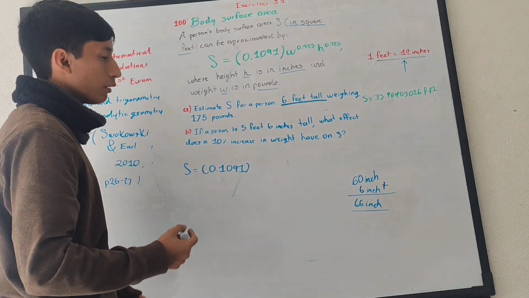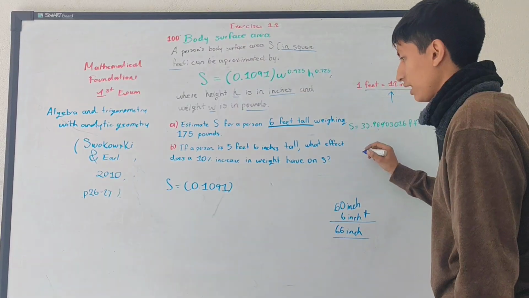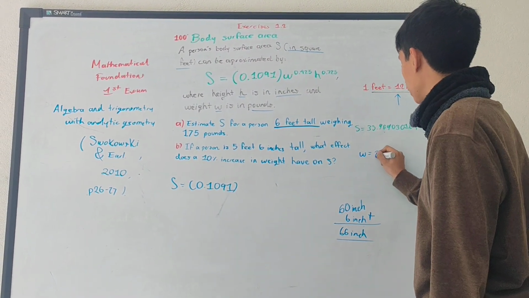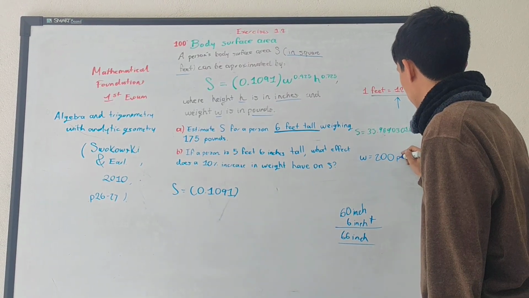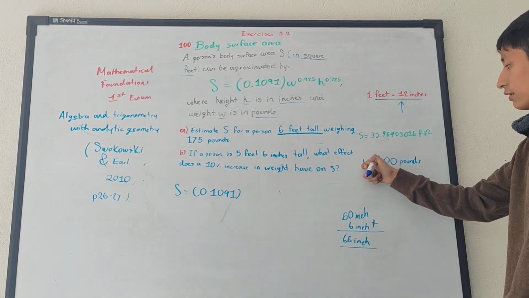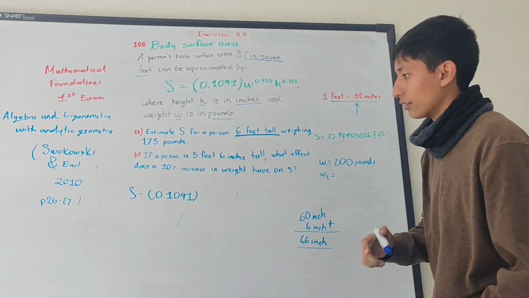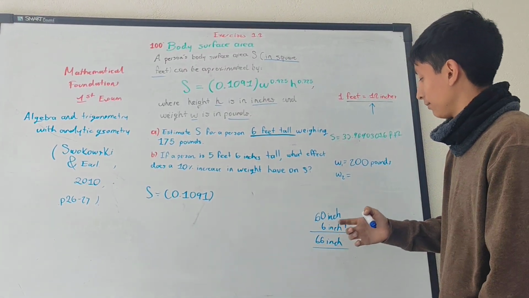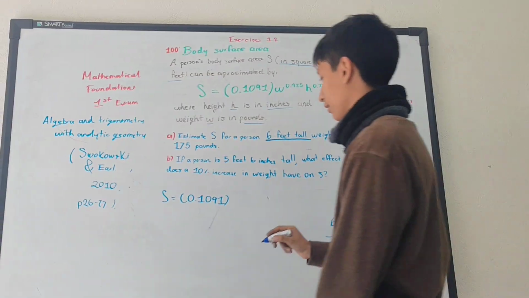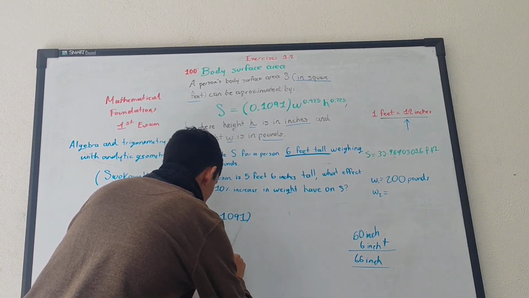So one way to solve this problem could be that we say, for example, that the weight of the person is 200 pounds. So this is the first weight of the person. And if we want to know what happens with an increase of 10%, we only need to do another simple calculation.